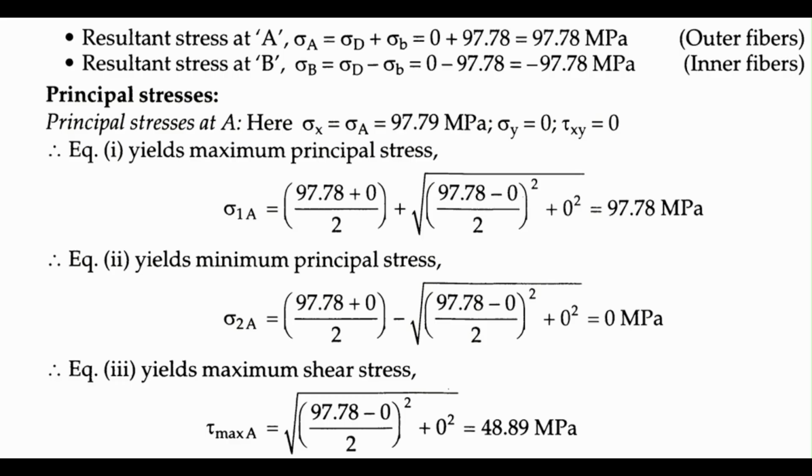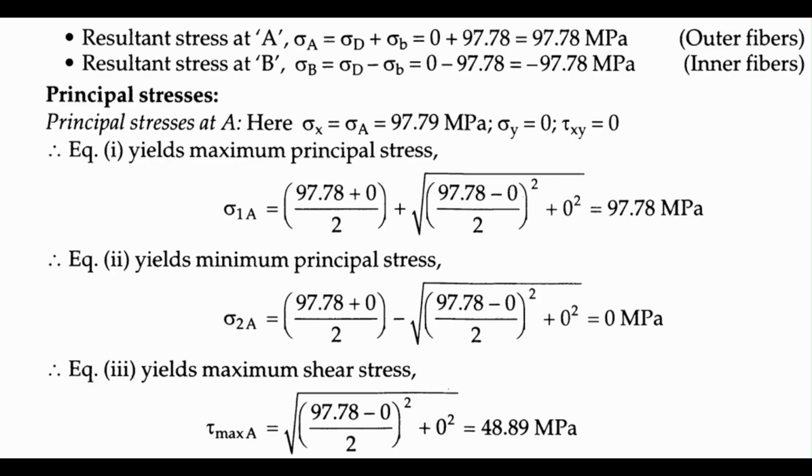Now I got the bending stress, so I have to find the principal stress at point A and B. So first of all, consider point A alone. Solving the bending stress problem is not just like the axial stress equation, because you have to take the resultant.